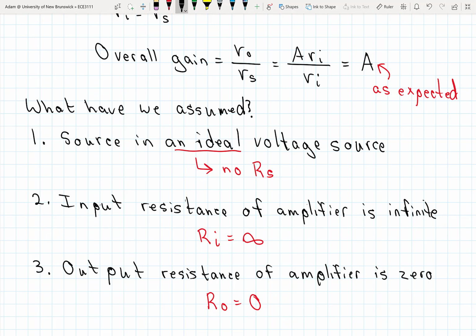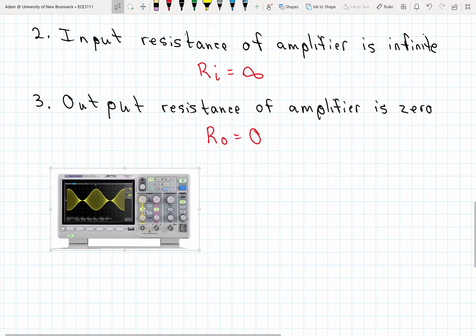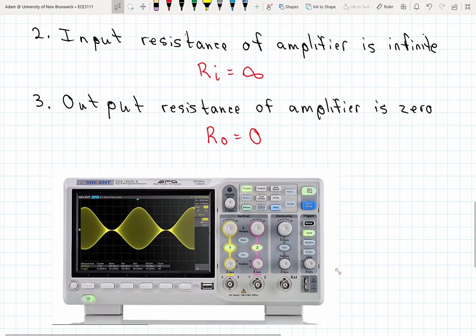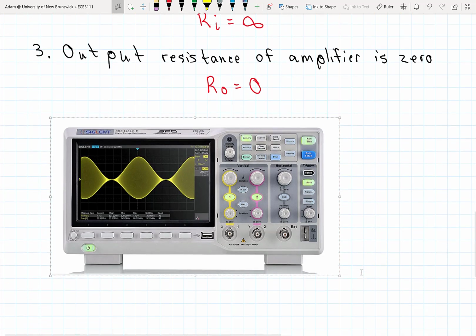But if we look at real devices, let me pull up a couple of examples here. Just grabbing an image of an oscilloscope, I just grabbed one off of Amazon here. Maybe not where you're going to buy your oscilloscope, although these are pretty reasonably priced. If we zoom in here on this segment down in the bottom where we would apply an input, an oscilloscope is going to act like an amplifier.